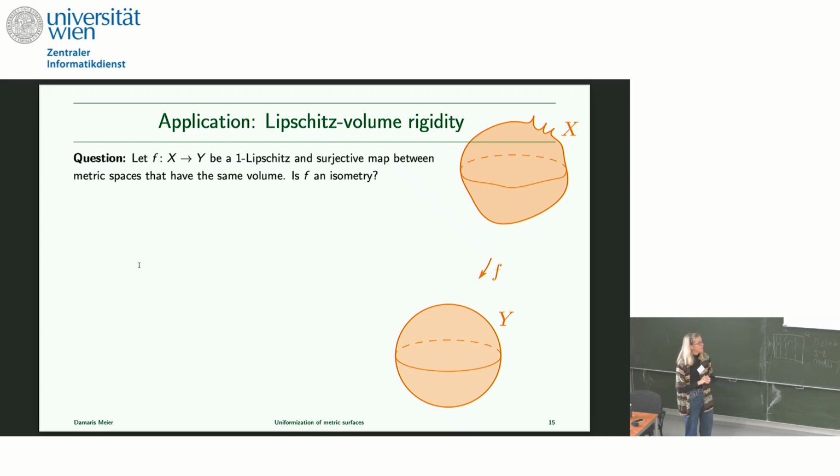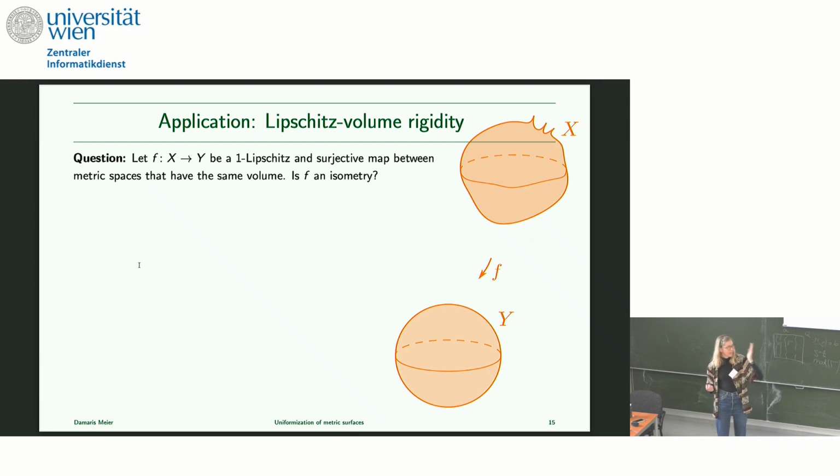We have a map which is one-Lipschitz, so it only makes distances smaller, and it's surjective, and it is a map between metric spaces that have the same volume in some sense, for example metric surfaces that have the same Hausdorff-2 measure. The volume stays the same, but the map is only allowed to decrease distances. So does every distance have to stay the same?